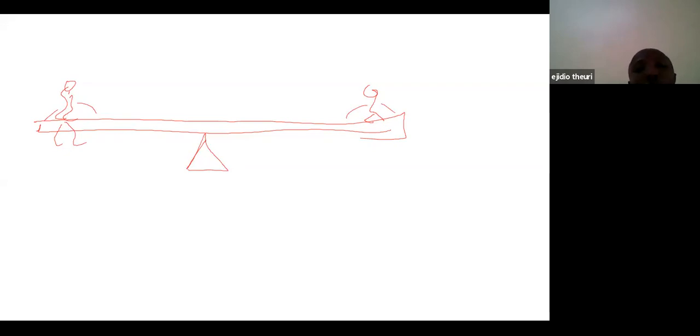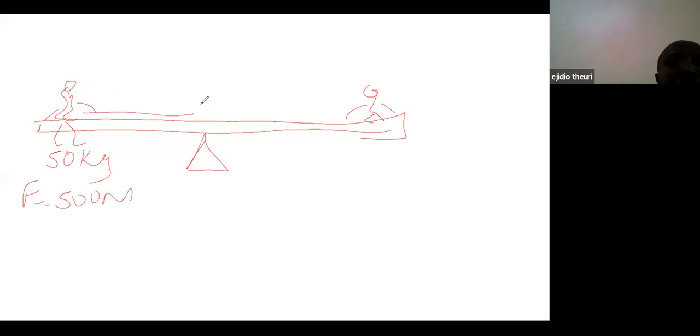So after knowing moment is equal to force times distance, like the moment of this person, if the person is 50 kg, force will be equal to 500 newtons. This distance may be 2 meters. And then for them to balance, this must also be 2 meters, and the person must also be 50 kg.